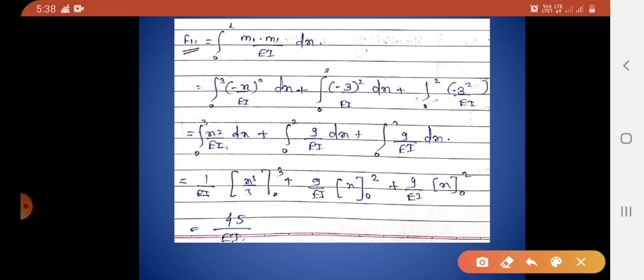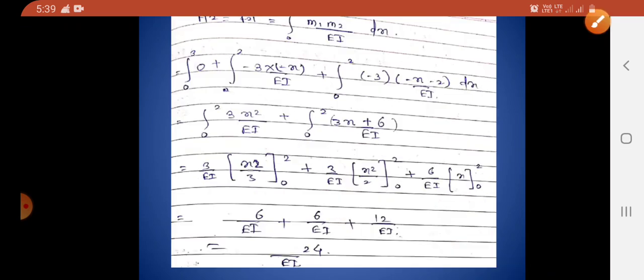As the degree of indeterminacy is 2, the flexibility matrix will be a square matrix of order 2, meaning we have to derive 4 elements. First is F11, which is m1 into m1, and you have to take these values from the referred table. For these 3 parts, solving these 3 integrations, you will arrive at this value F11.